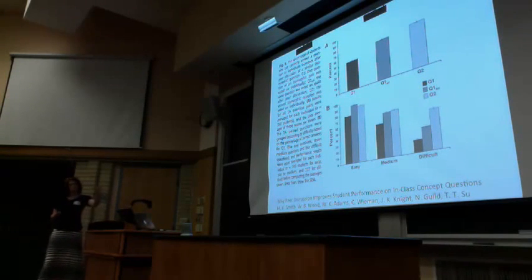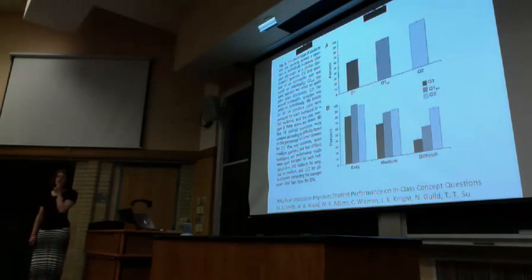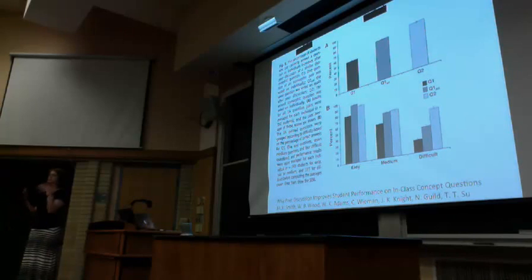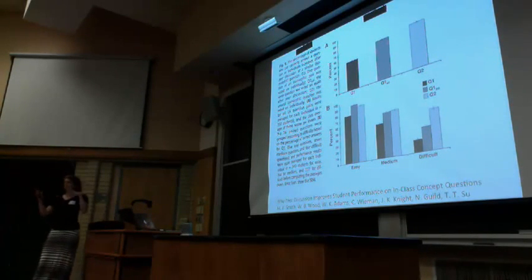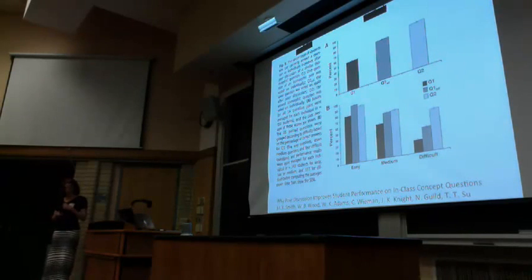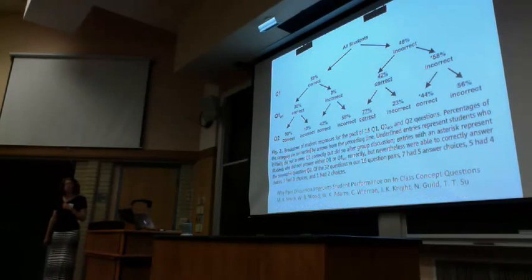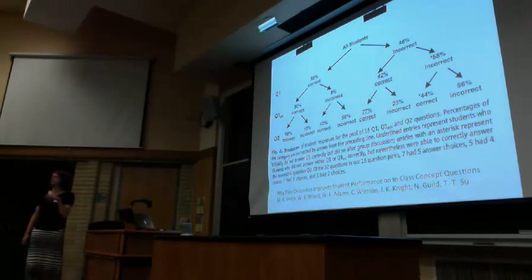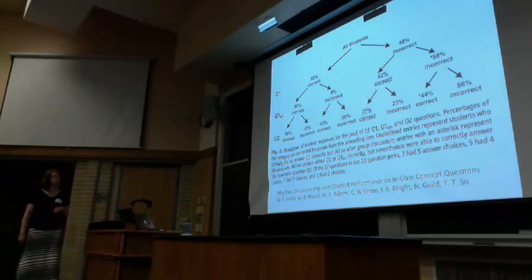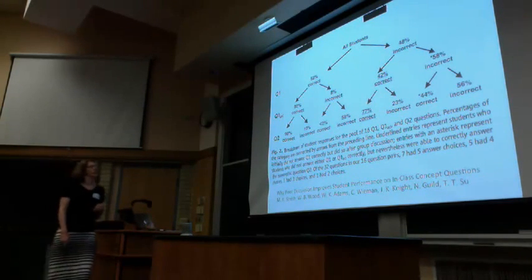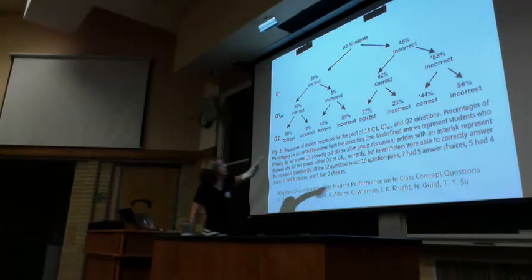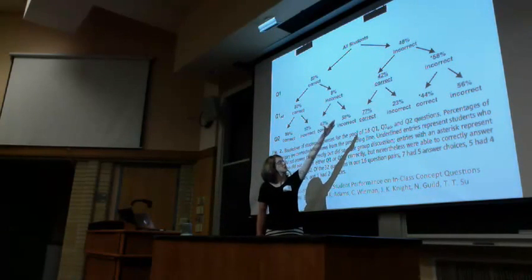And what they found, particularly as you'll see for the more difficult questions, is that letting students discuss with each other helped them get to the right answer. Never did they actually give a definitive right answer on any of this. And the crazy thing is, nobody in the group that's discussing needed to actually have the right answer when they started. So if you follow this line over here, 48%, most of the group was incorrect.